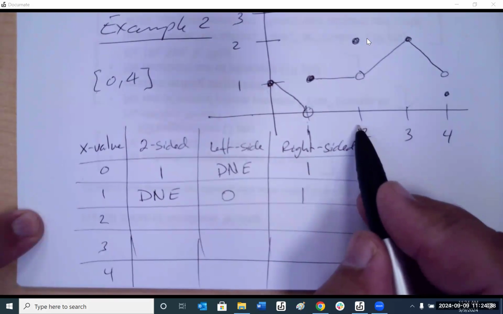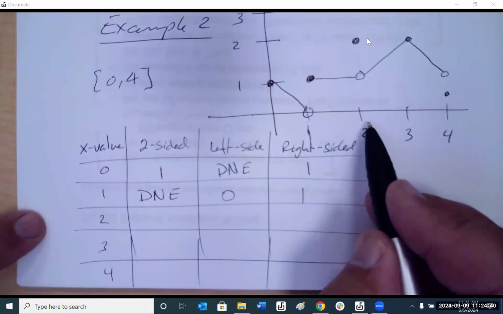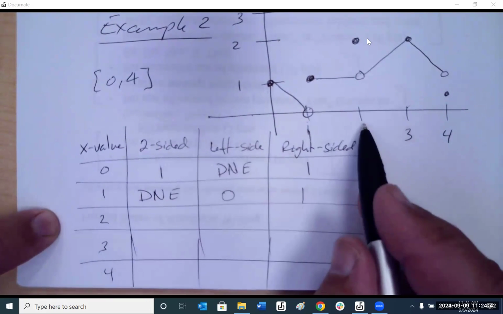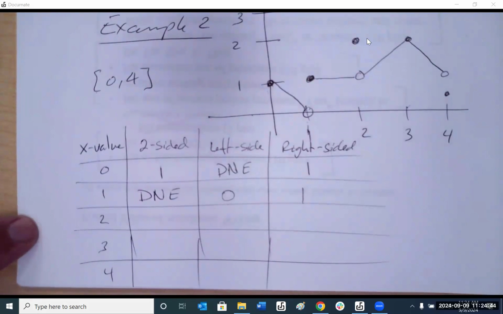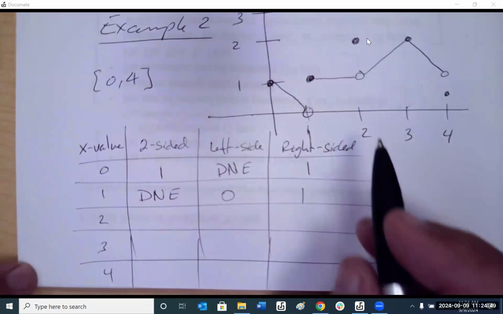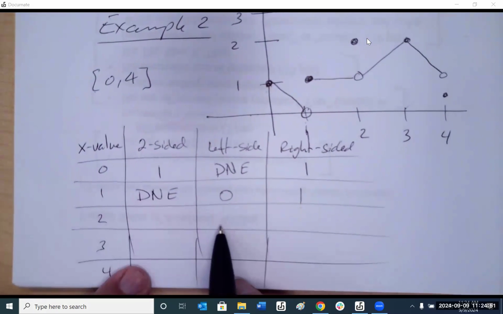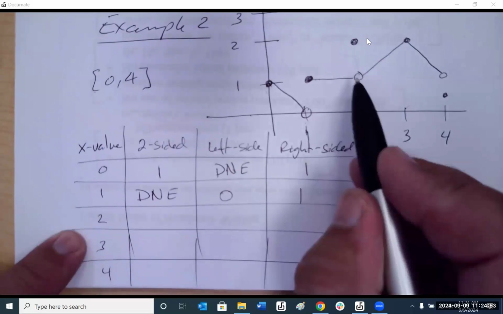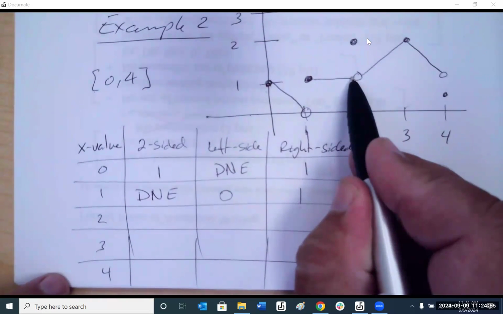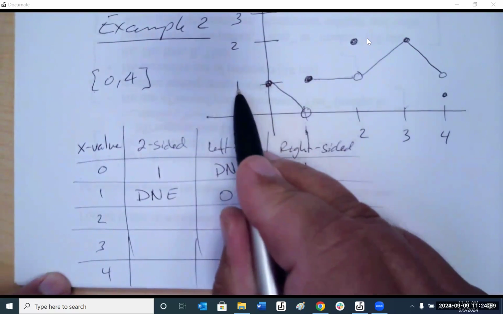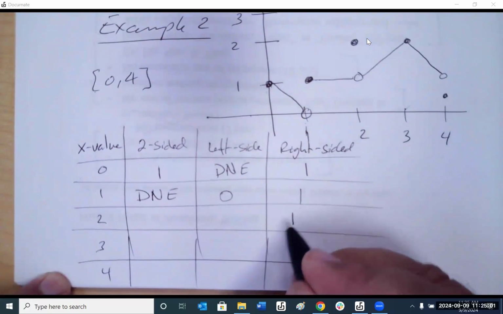How about at 2? Does the two-sided limit exist at 2? Well, let's answer this one last. How about one-sided left? If we're coming to 2 from the left, what y values is it approaching? It's approaching 1.